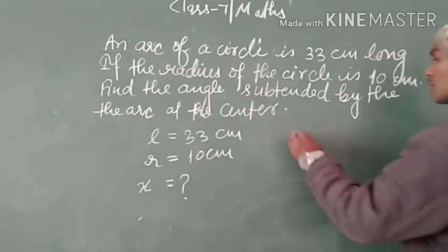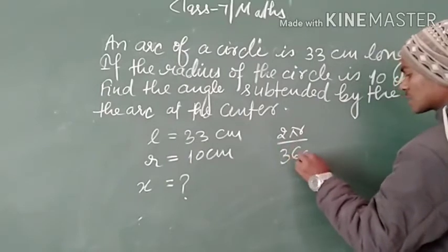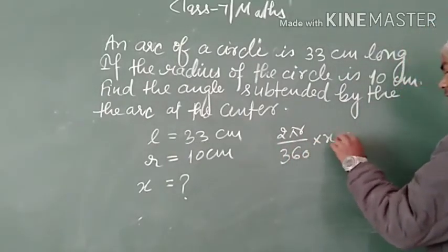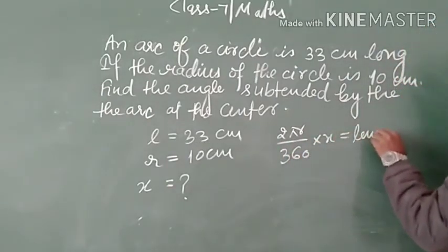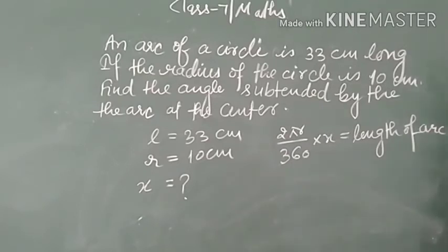So we know that 2 pi r upon 360 multiplied by x is equal to the length of the arc. This is the concept. Now just put the values and we can get the result.